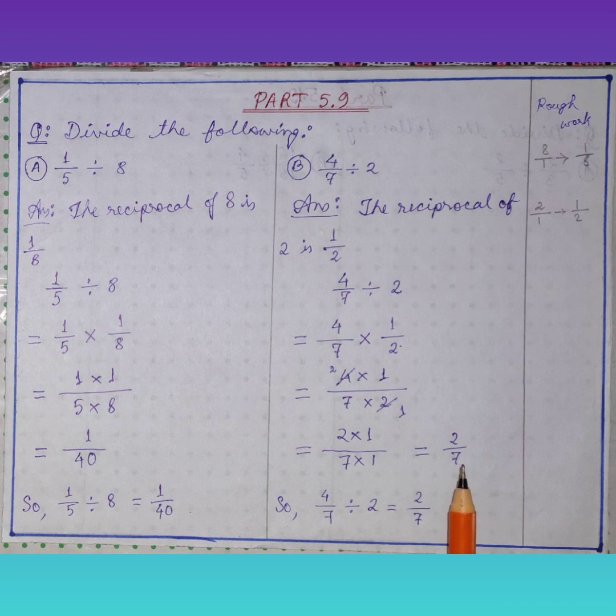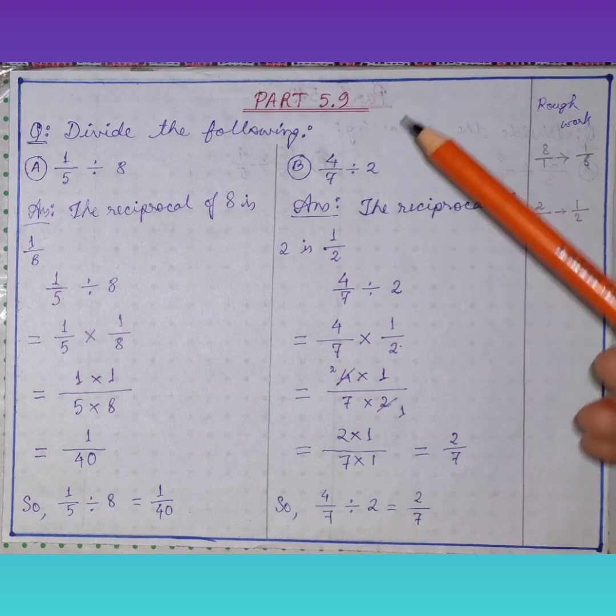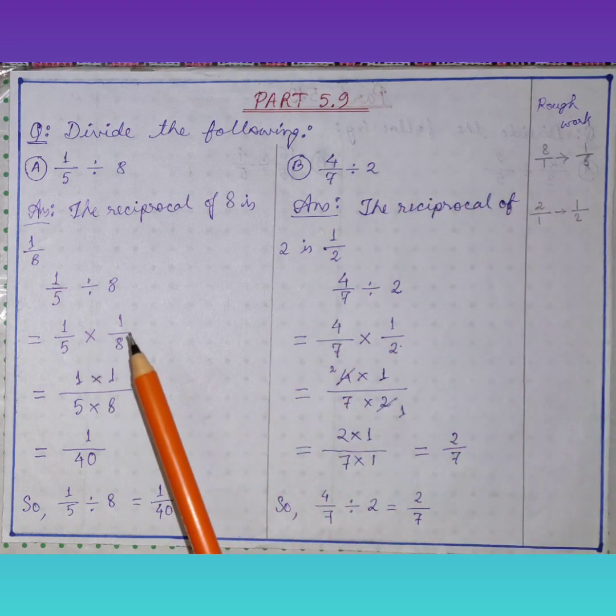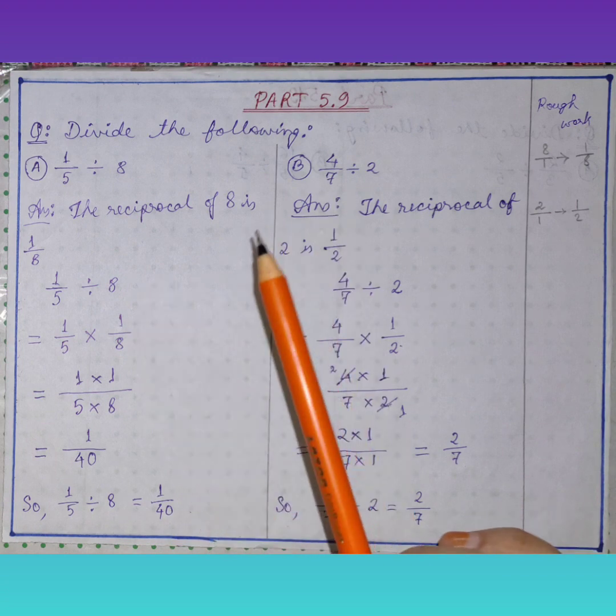We are doing the revision of the chapter fractions and we are discussing the answers of the home assignment, right? In the previous class, we discussed the answers of part 5.9. There we discussed how to divide a fraction by a whole number. And how to divide?